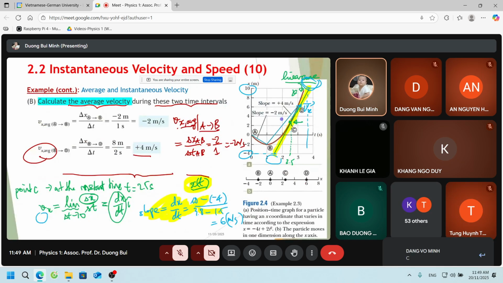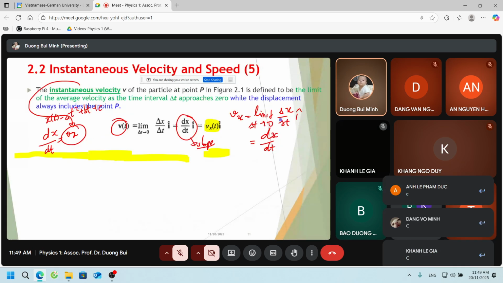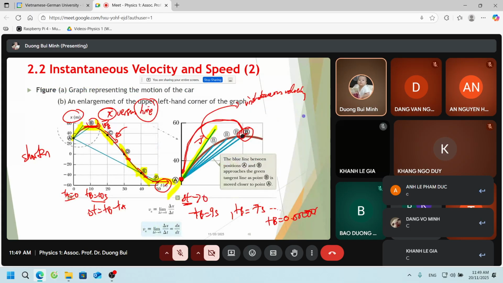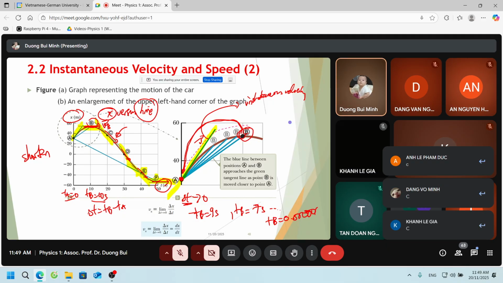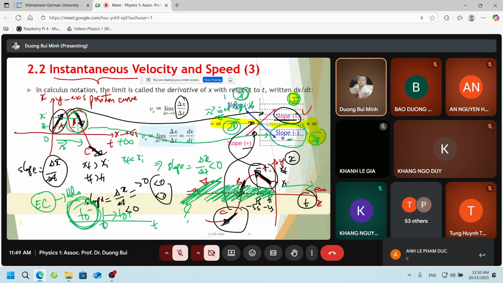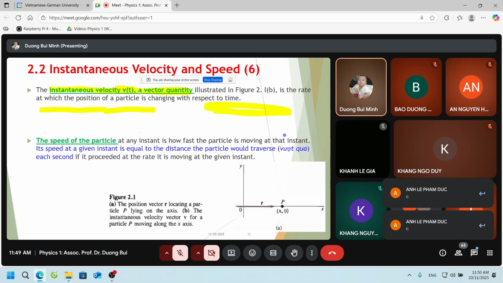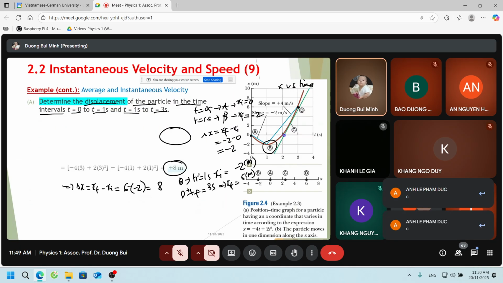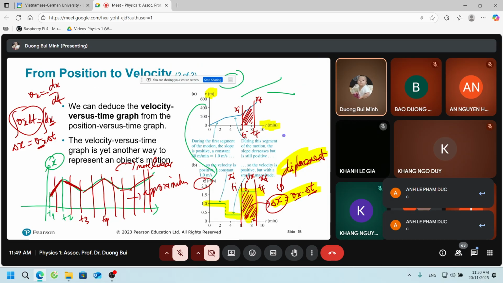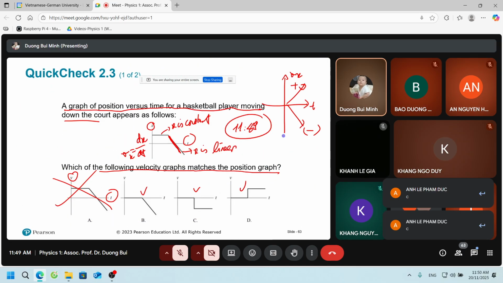Which slide? I don't remember. Here. Okay. Now we apply this information to this one, so the velocity will be negative because the slope goes like this.